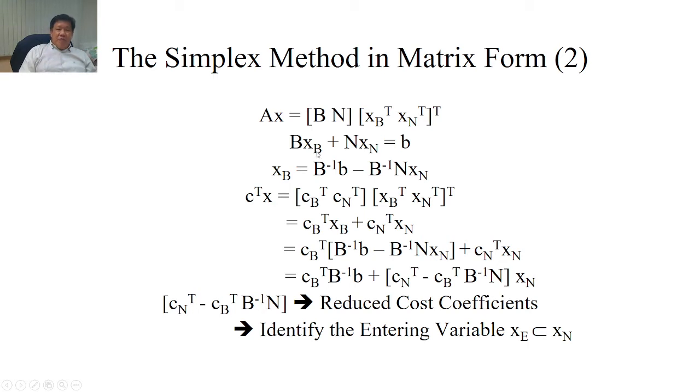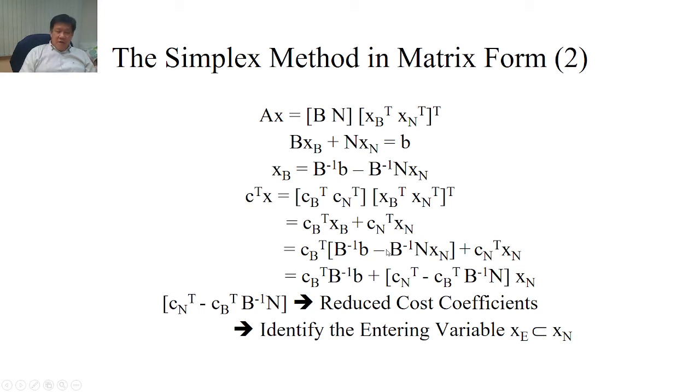the property of the optimal solution of the simplex method is that x needs to be expressed as x sub b and x sub n. x sub b has m members, and x sub n has n minus m members. So with these reduced cost coefficients, you now know the trend that if you move some of these non-basic variables into x sub b, you can reduce c transpose x.